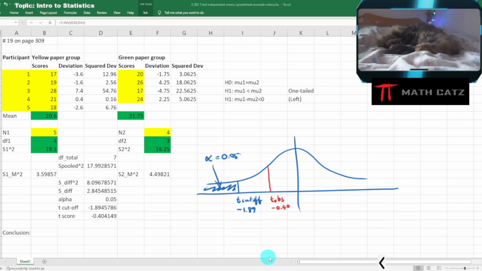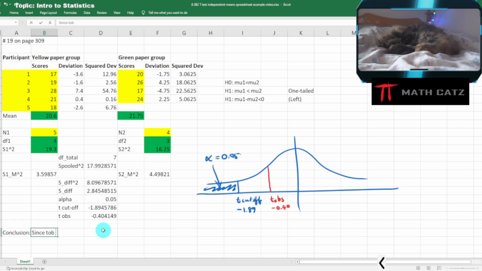So we will type that up real quick and say something like, since t, we should make this t observed. That might be better. Observed t-score.